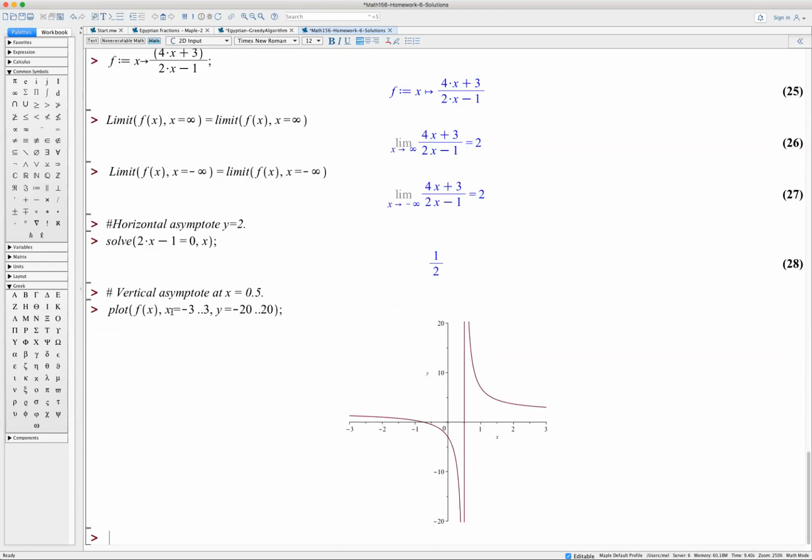Let's see what the graph looks like. And suppose along with this, I plot just the constant function, y equals 2. So this is the horizontal asymptote.